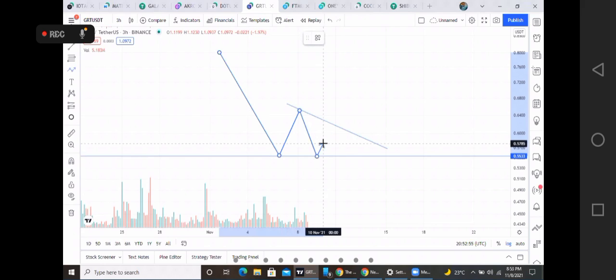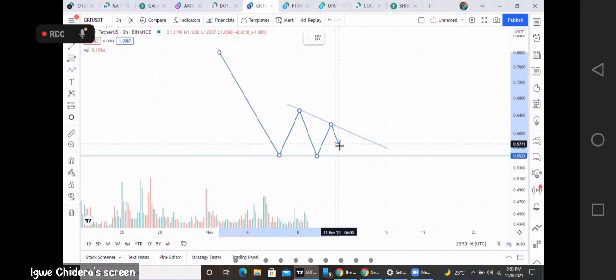Now remember, the two lows are nearly equal. This is when you can connect this trend line. Now it hits the second high. At this point it bounces. This is where you can connect this trend line. And when you connect it, you find out that it was downward sloping.